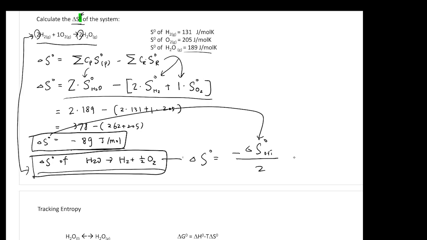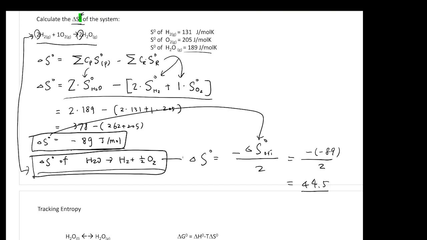But an easier way is to see that I flipped the reaction and divided by half. Therefore, the delta S naught of this one simply equals negative delta S naught of the original, divided by 2. So negative 89 divided by 2 gives you a value of 44.5.